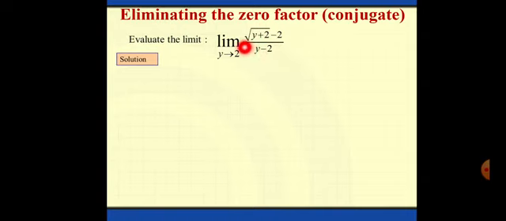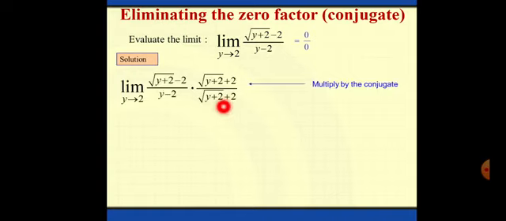If we have root minus number, root plus number, root plus root, or root minus root, we have to multiply by the conjugate. If you try direct substitution, you will have 0 over 0, so we have to multiply by the conjugate. The conjugate is the same expression which contains the root, but you change the middle sign. Here we have negative, so we put plus.